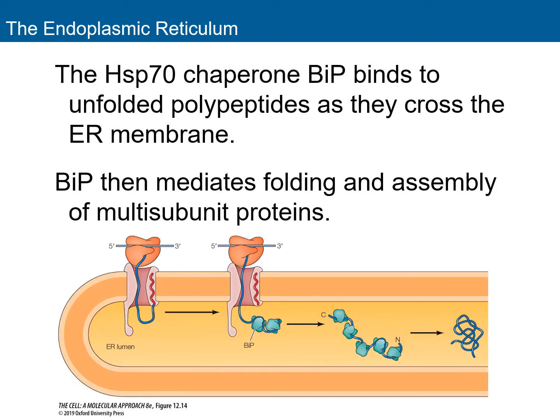Here is one protein shown here. This is a heat shock protein, a chaperone protein called BiP. It binds to the proteins that are being inserted through the translocon into the lumen of the endoplasmic reticulum. BiP binds to the polypeptide and prevents it from forming the three-dimensional structure.